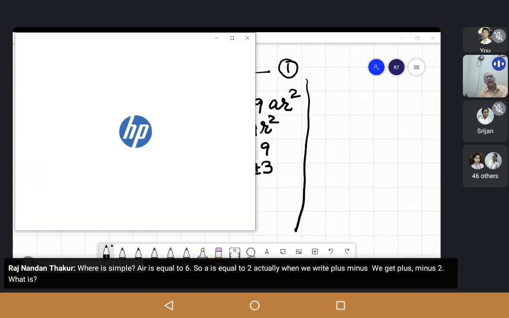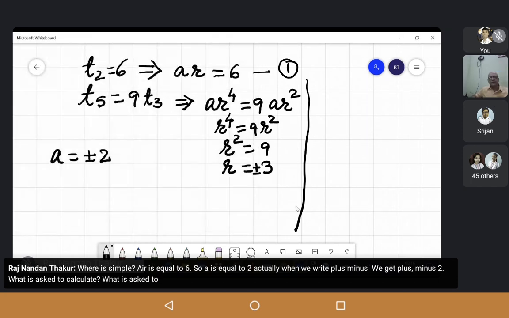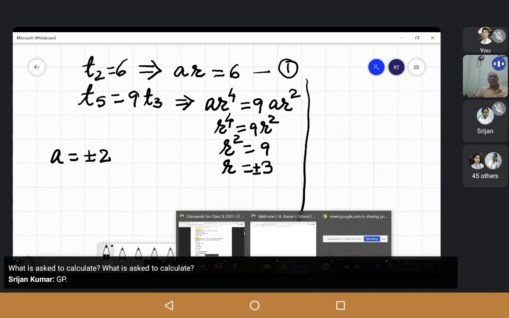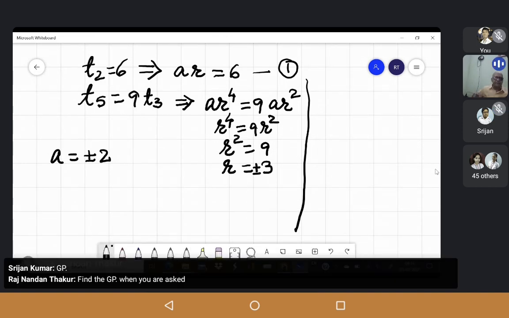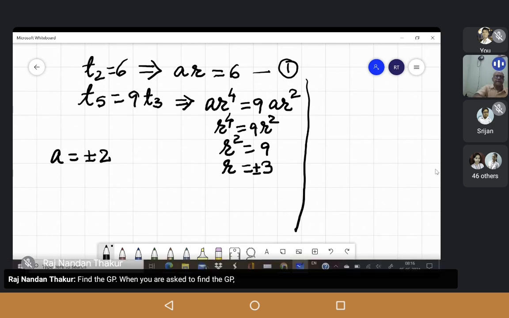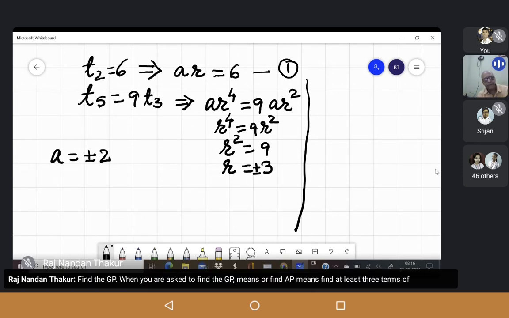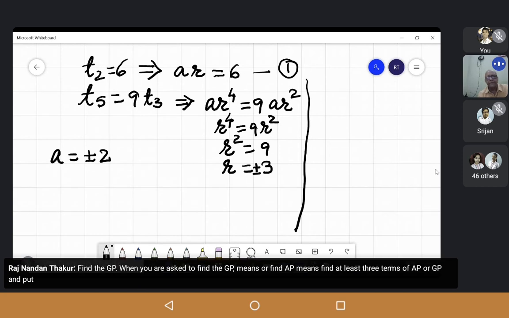What is asked to calculate? Find the GP. When you are asked to find GP, or find AP, it means find at least 3 terms of AP or GP and put dot dot. Maximum 4 terms.